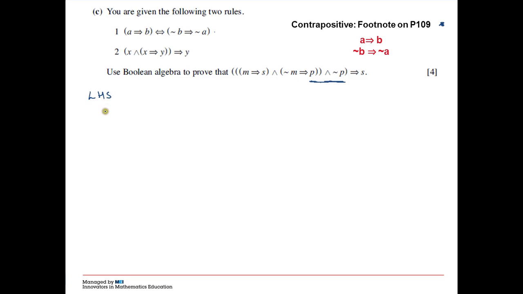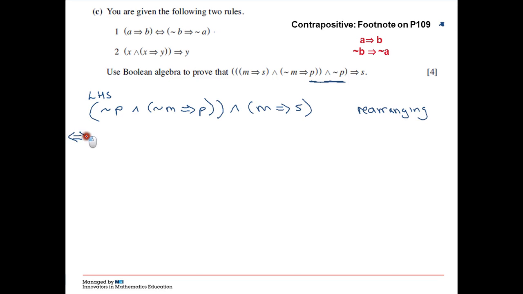I'm going to write it as not P and not M implies P, and then and M implies S. And it's perfectly okay to do that reordering, rearranging, so that I get it in a way that looks more user-friendly to me.